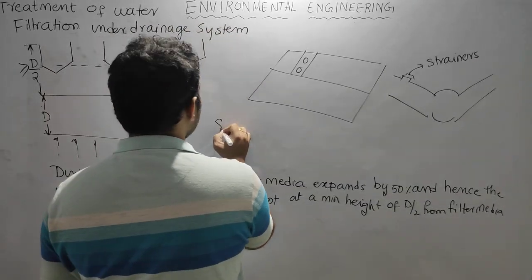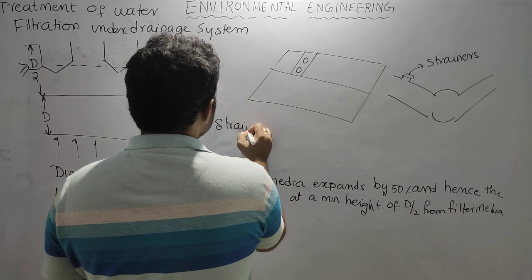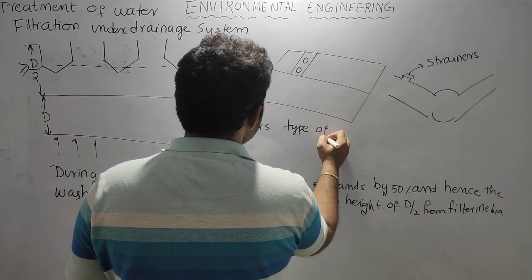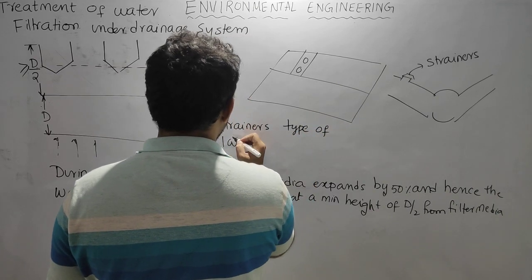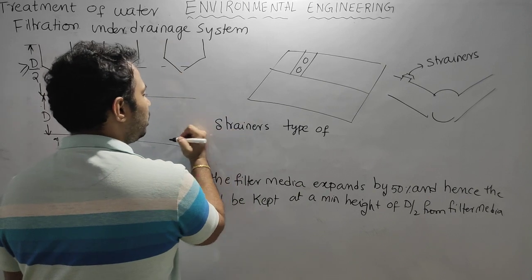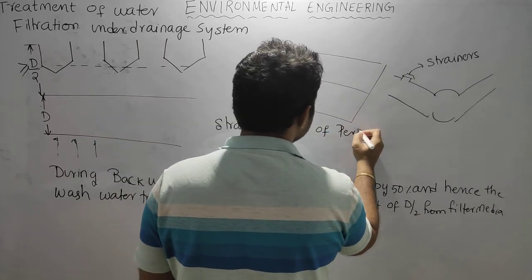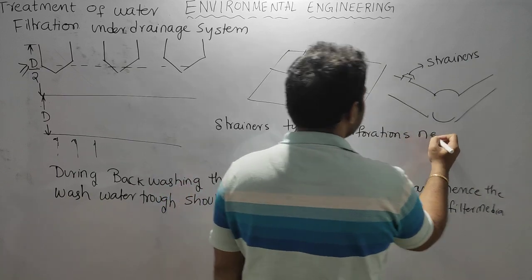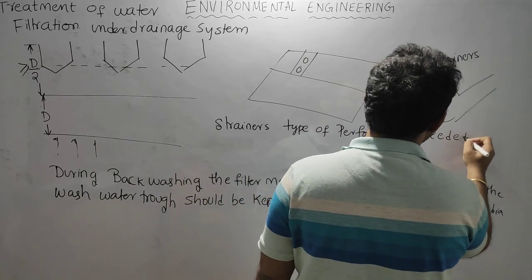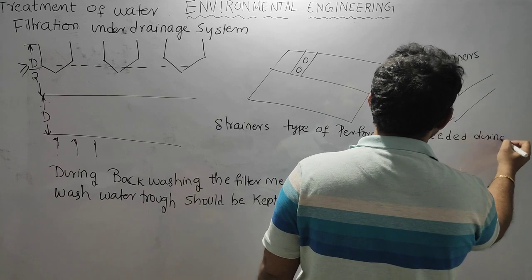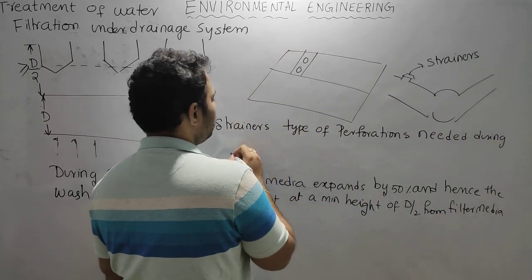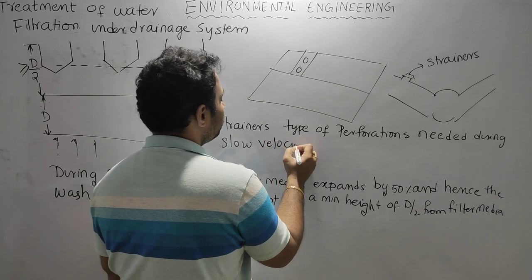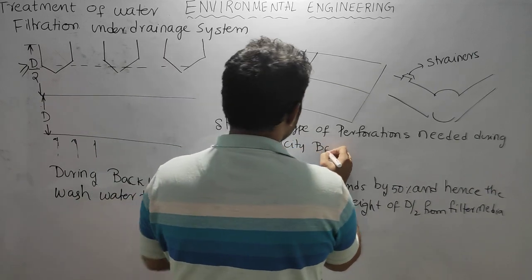Strainer type perforations are needed during slow velocity backwashing.